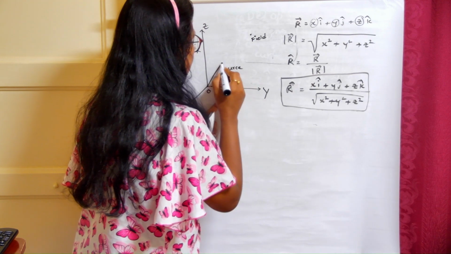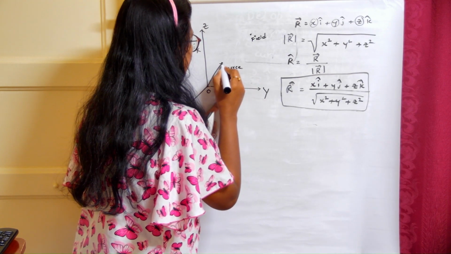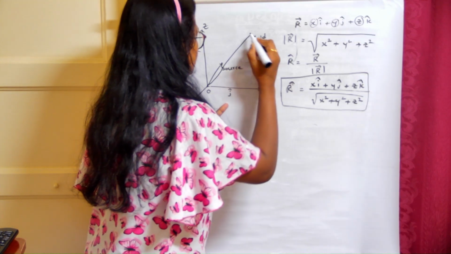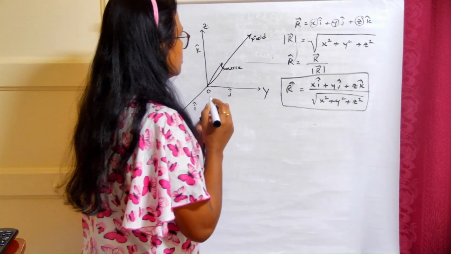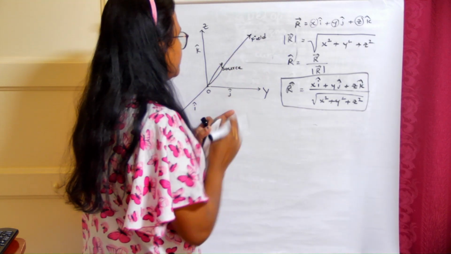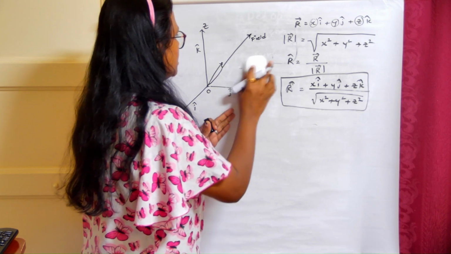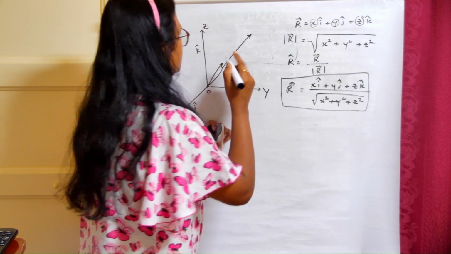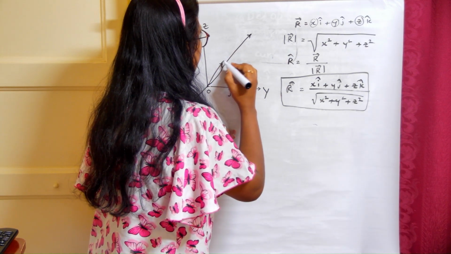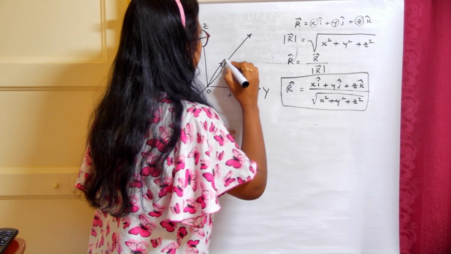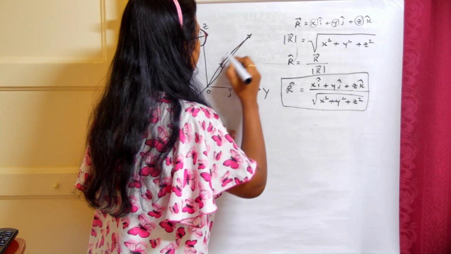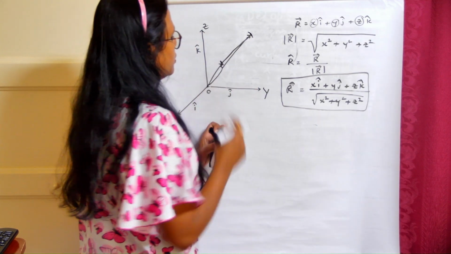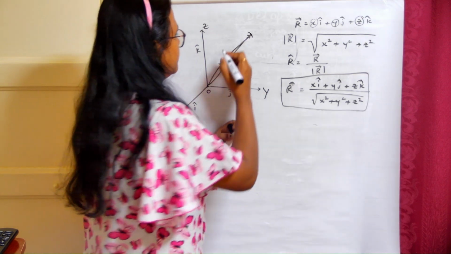So if in case this is the source point, this will be the position vector of this source point. And for this field point, this will be the position vector of the field point here. So the line combining these two points will be the separation, and if you write its components in the form of a vector, we can call it as a separation vector.